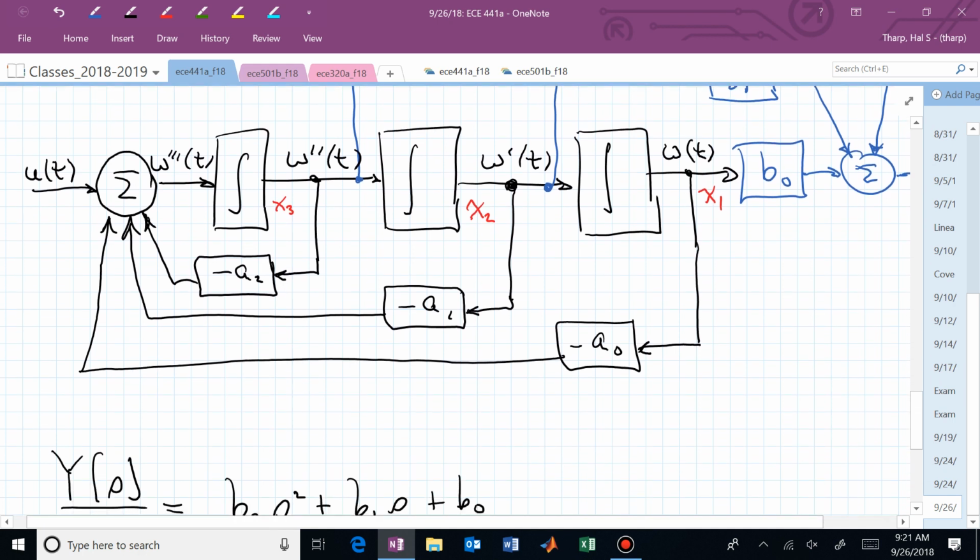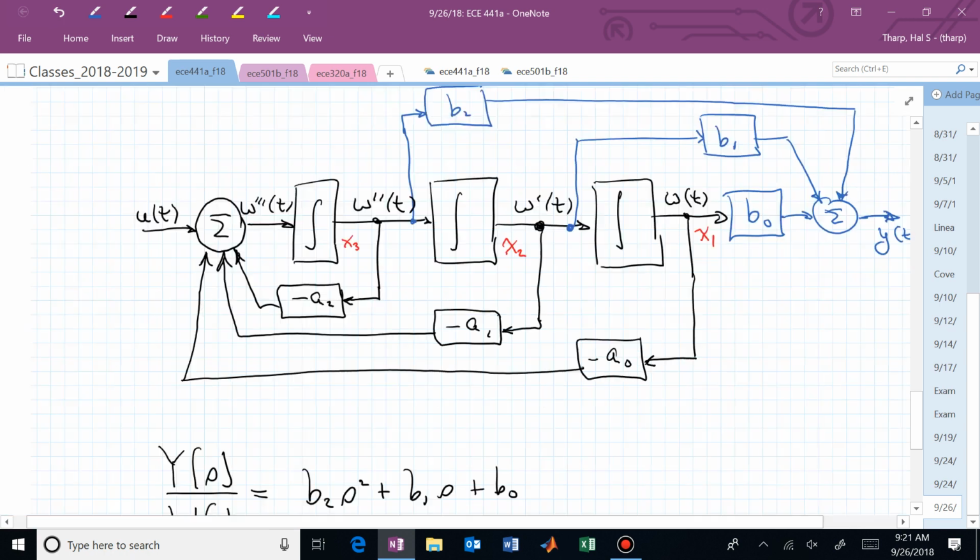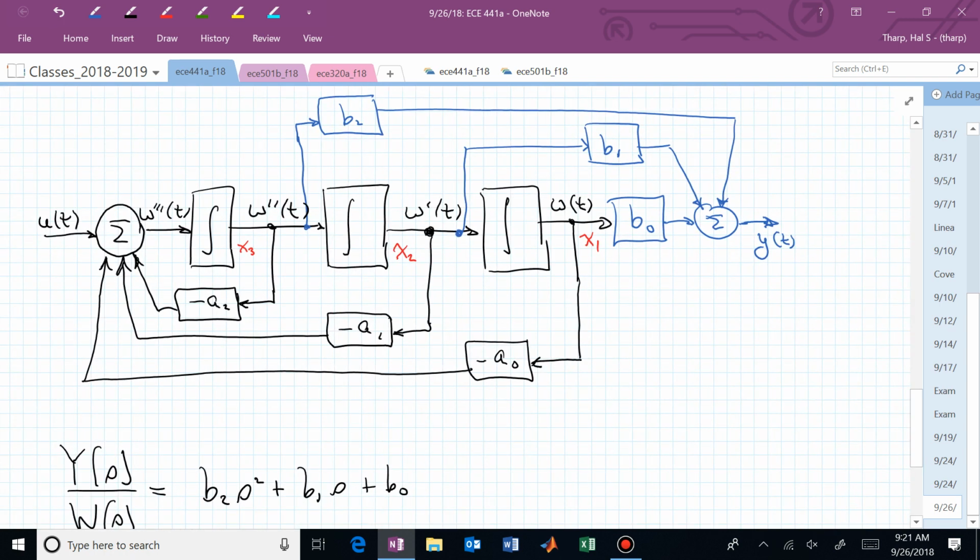And if those are now x1, x2, and x3, how do I find the derivatives of each of those? Where is the derivative of x sub 1 located?